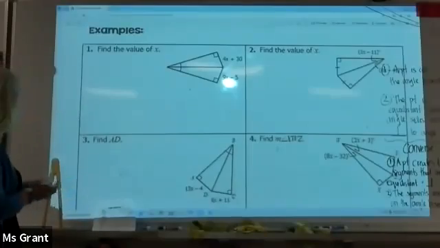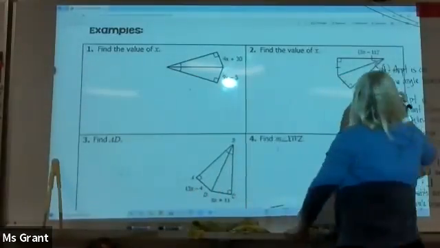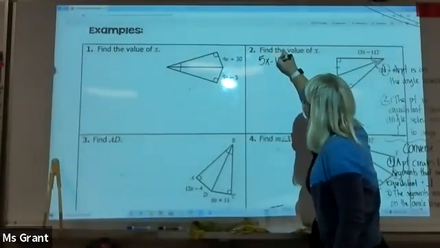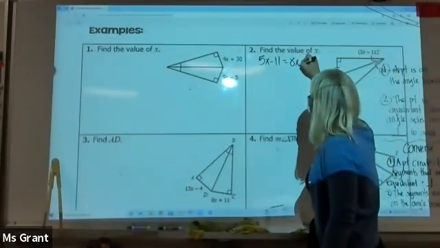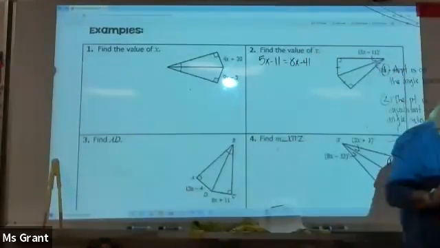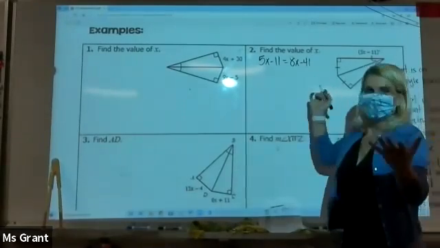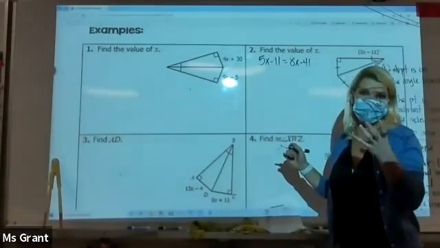Let's start with 2. Why not? Started with 1 last time. Obviously my angles are going to be equal. 5x minus 11 equals 8x minus 41. I always move the smaller x over because I want to have a positive variable.